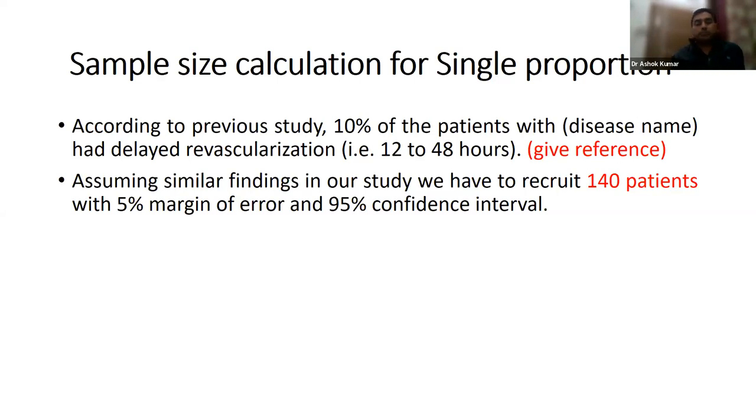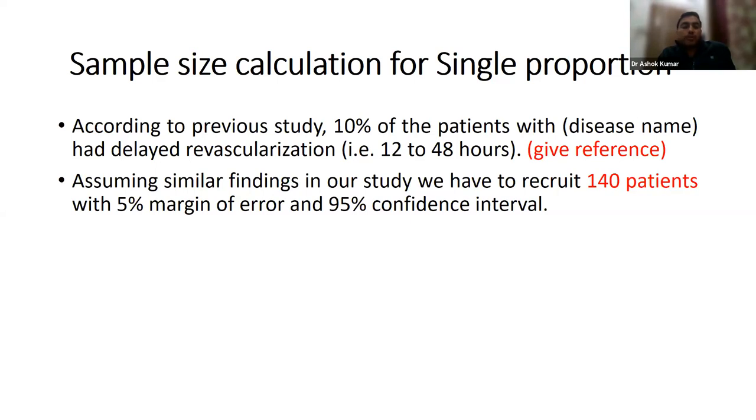Then what do we have to write down? Assuming a similar finding in our study, we have to recruit 140 patients. How did we calculate 140 patients? In the next slide, I will explain to you. With 5% margin of error and 95% confidence interval.